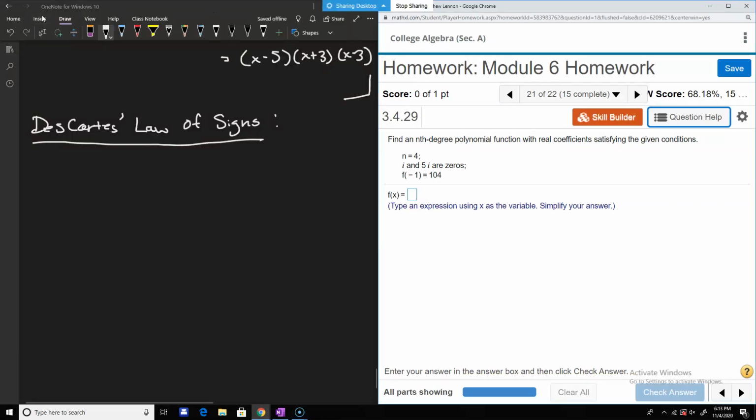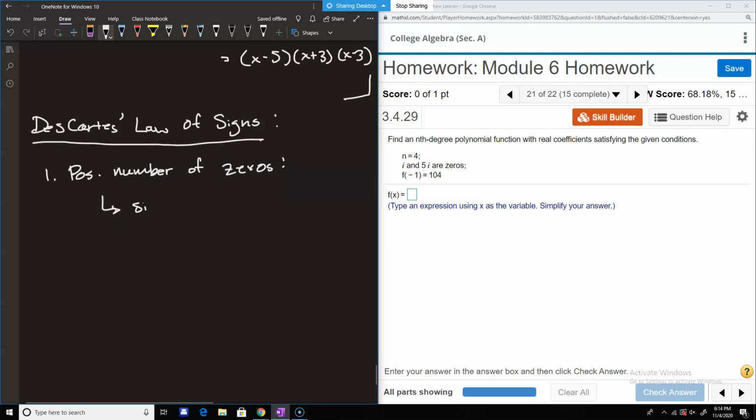So I'm going to erase. Well, maybe we can do it. So positive zeros: the number of sign changes in f of x, or an even multiple less.